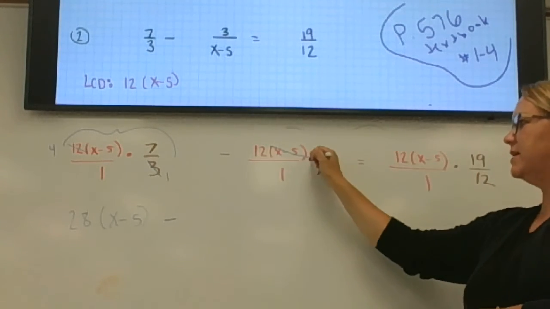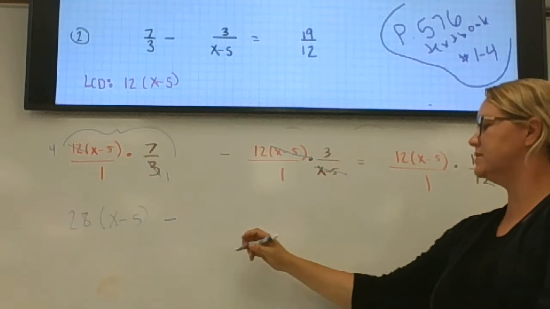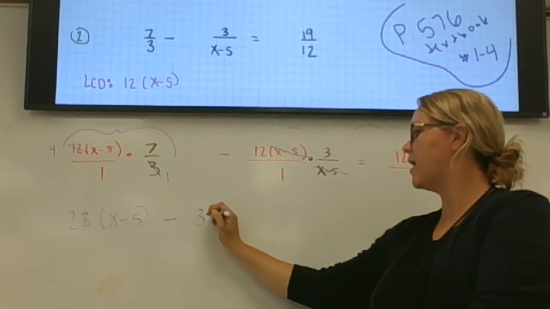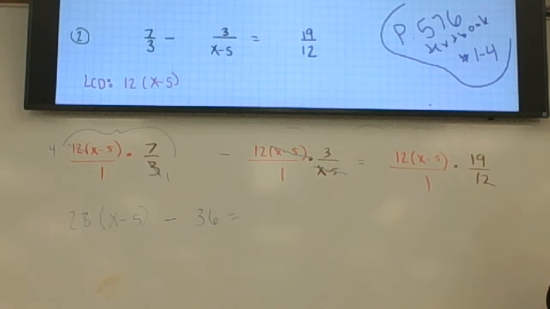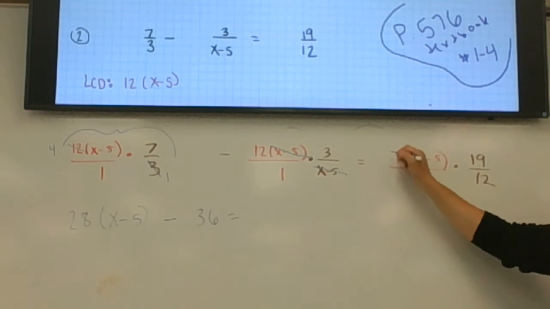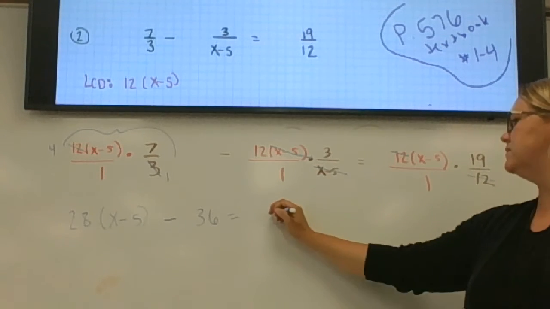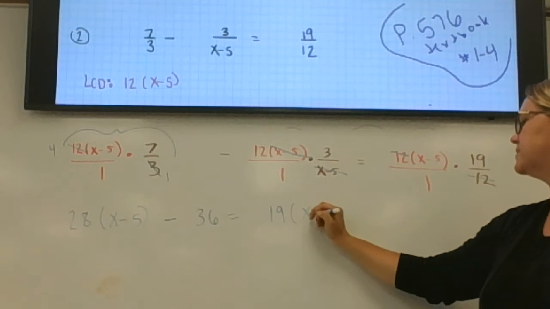Here the x minus 5s cross out, leaving 3 times 12. And over here the 12s reduce, leaving 19 times x minus 5.